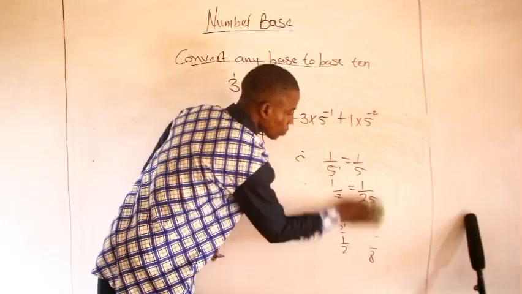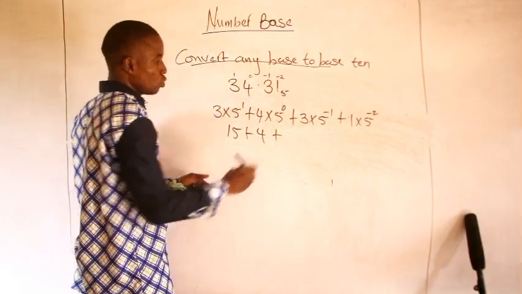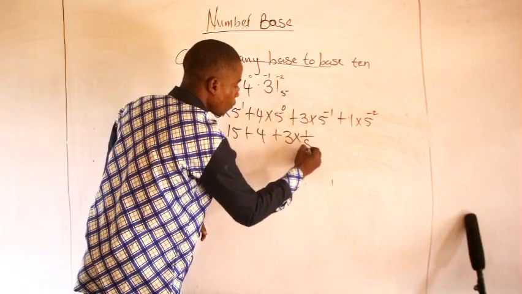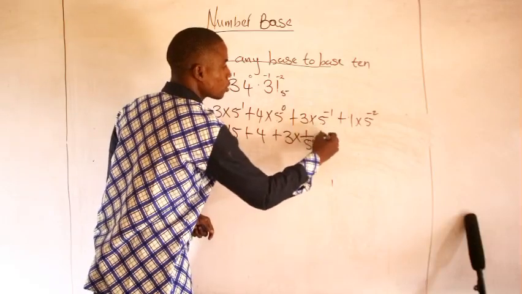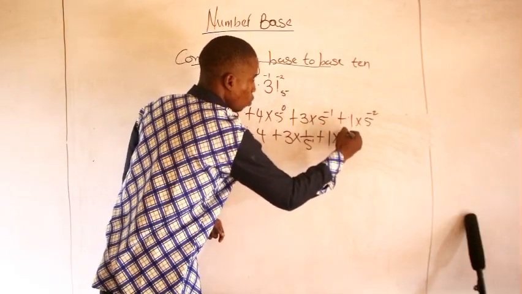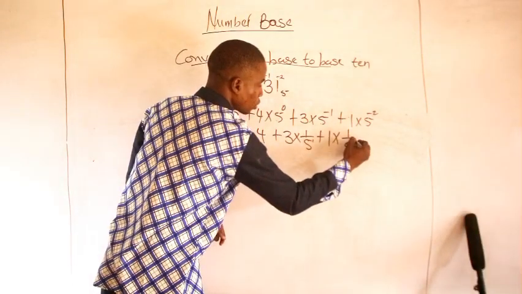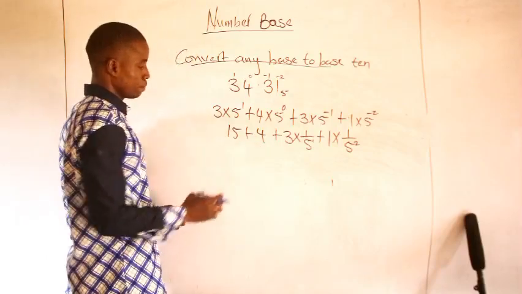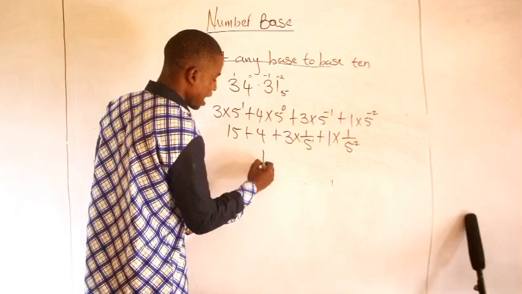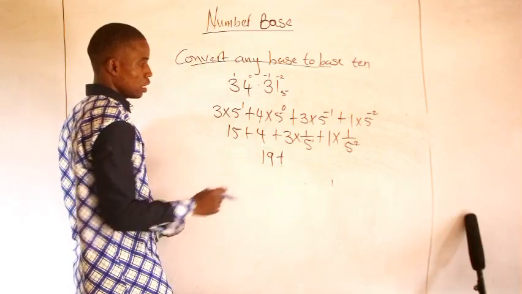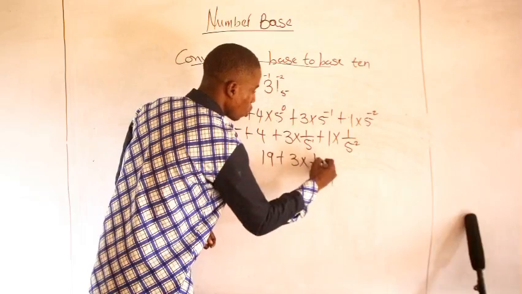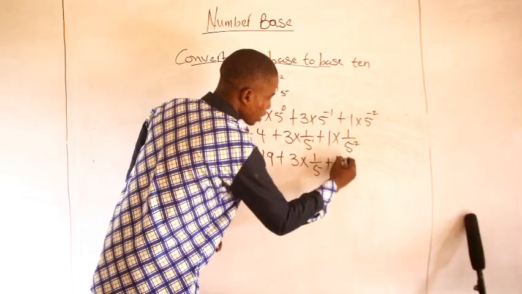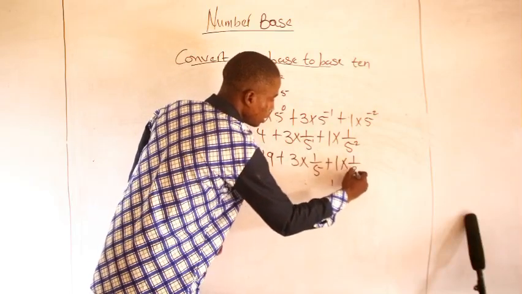That's all. Now, look at this one. Let us now do this one. This one is 3 times 1 all over 5, plus 1 times 1 all over 5 raised to power 2. Now add this together: 19 plus 3 times 1 all over 5, plus 1 times 1 all over 25.